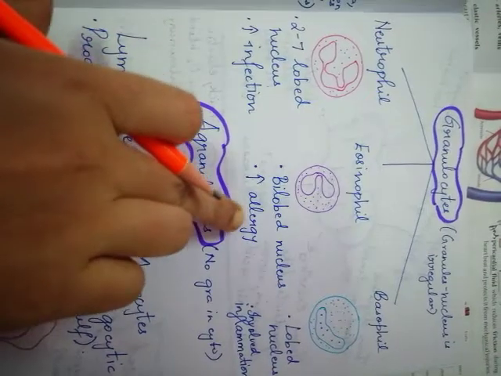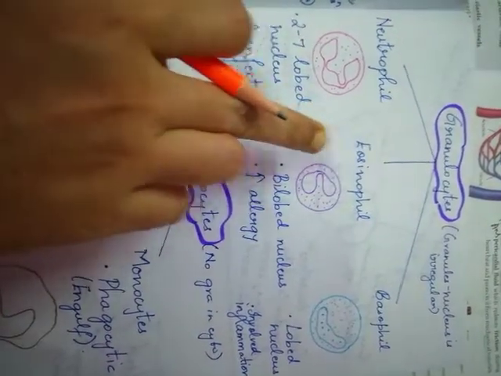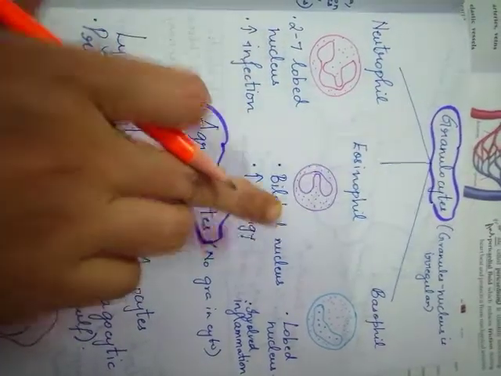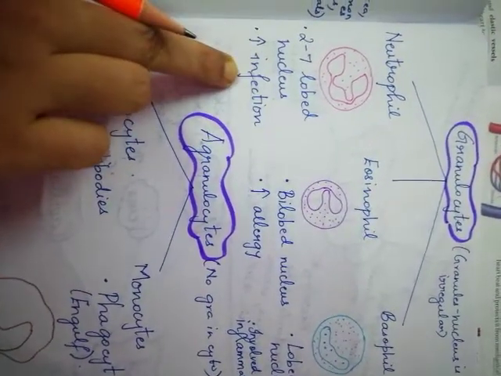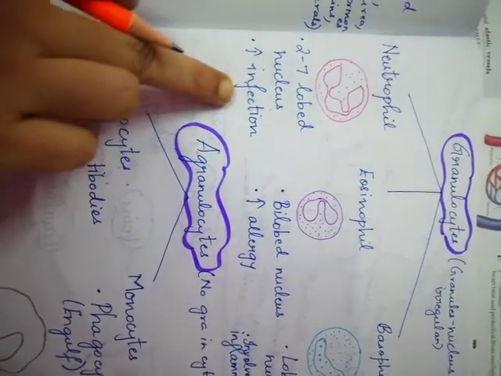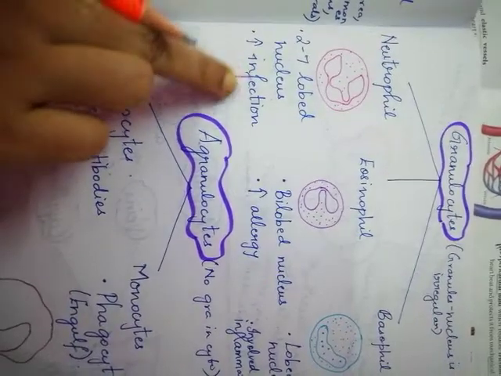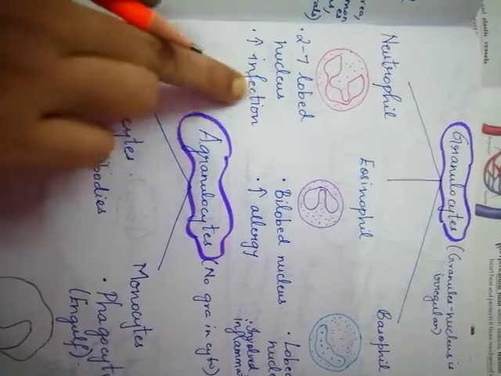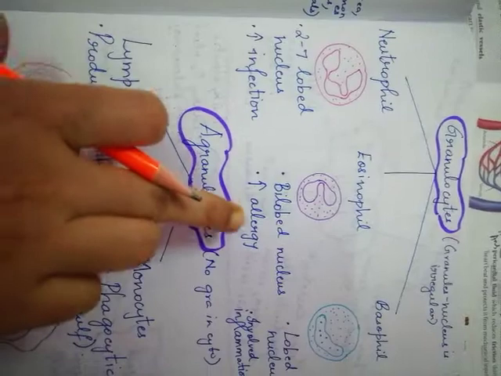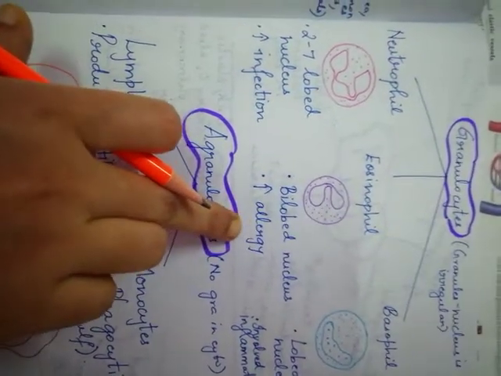In allergy cases, inside the patient's body, the eosinophil will increase and they will fight against that allergy. Same way here, when a patient is having some infection, what happens? The neutrophil count will increase inside the patient's body, and it will fight against that infection. Same way, if there's any allergy, eosinophil will increase and it fights against the allergy.